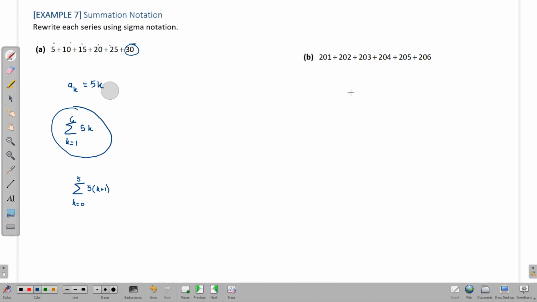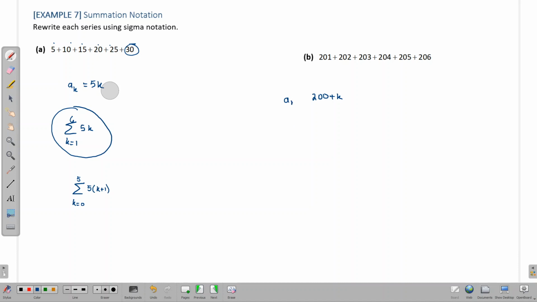Okay, let's try the next one. So the next one, you can see we are starting at 201 and we're adding 1 each time. Okay, so what I would probably do is I would probably start at 200 and say that we are adding k to it.